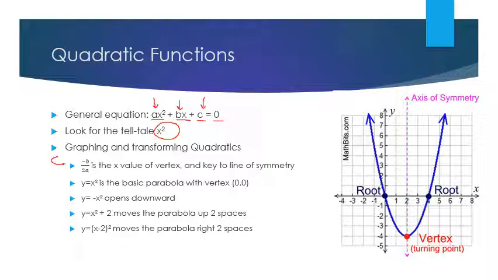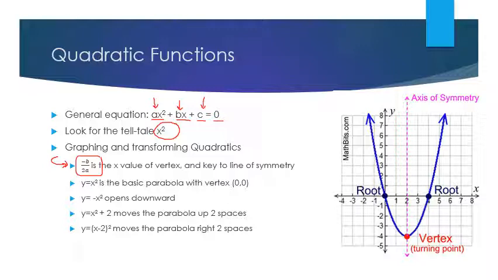If we wanted to graph a parabola, we could use an online graphing program like Desmos.com. Maybe we don't have enough information for that. Maybe we need to formulate something ourselves. Maybe we need to answer a question that relates to how the graph looks. This little formula is very handy. -b over 2a is the x value of the vertex, or the place where the curve occurs, and key to the line of symmetry.